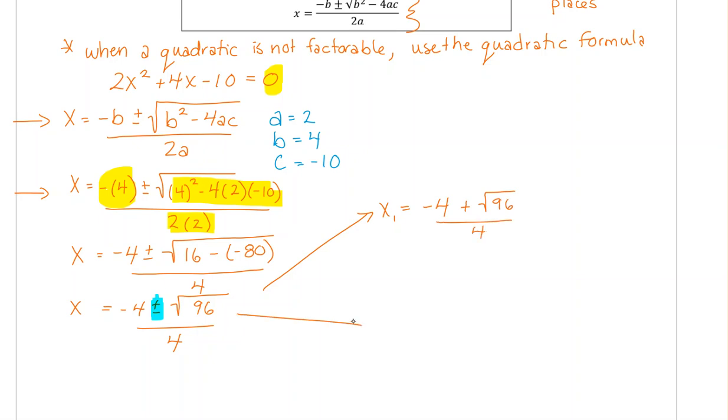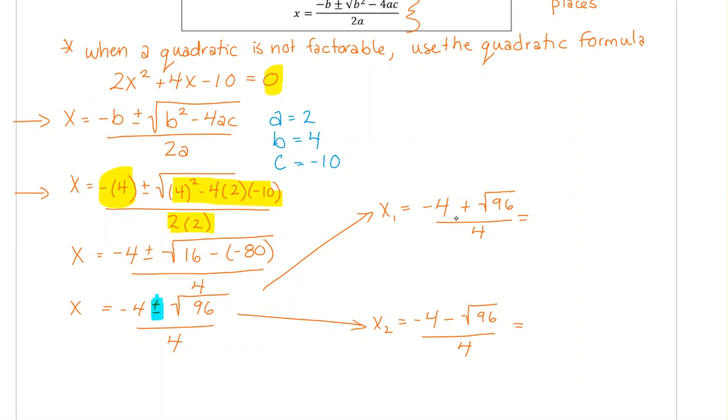And my second would be negative 4 subtract the square root of 96, divided by 4. We have to do both of those operations, and that's why I separate at this point. That's how we get our x1 and our x2. So do that separately.